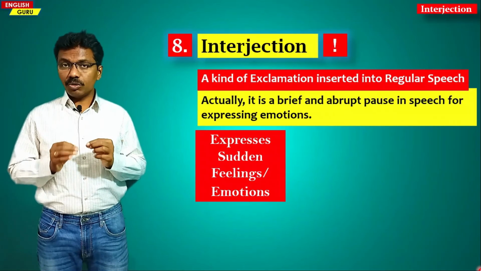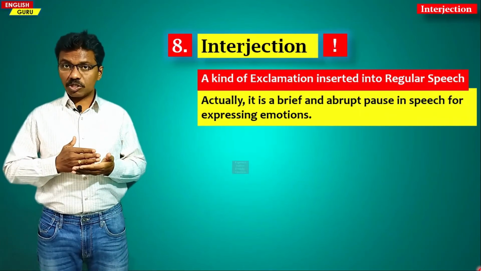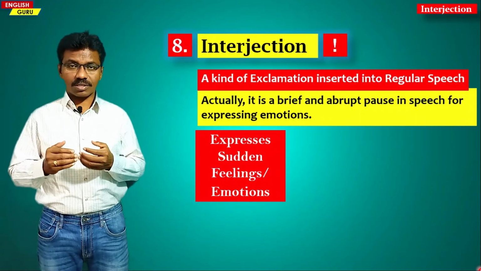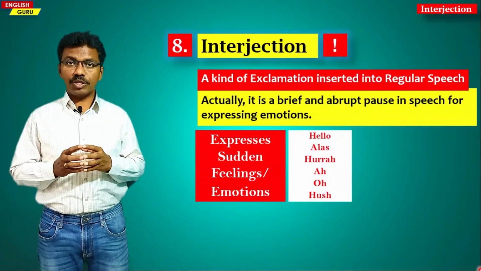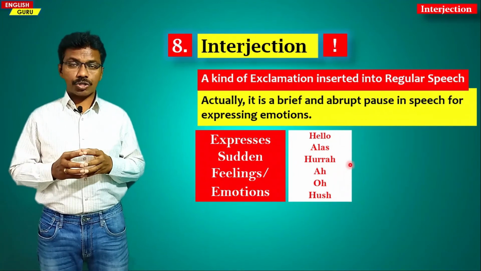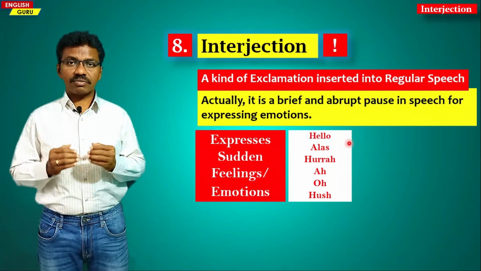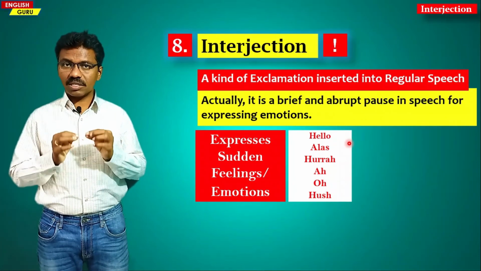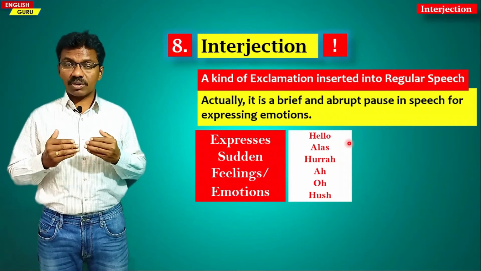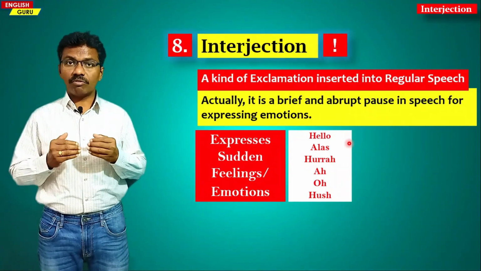So why do we use them? We use them to express our sudden feelings or sudden emotions in a sentence. And what kind of words do we use normally? Hello, alas, hurrah, ah, ho, hush. So these are all the different kinds of words that we use as interjections in our regular speech to express our sudden emotional feelings.